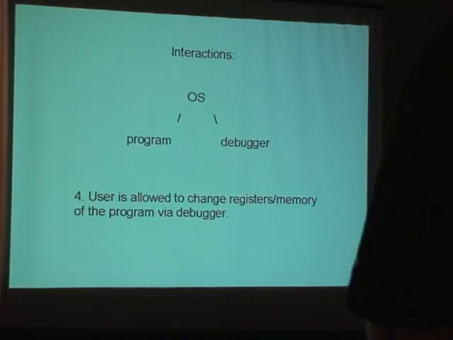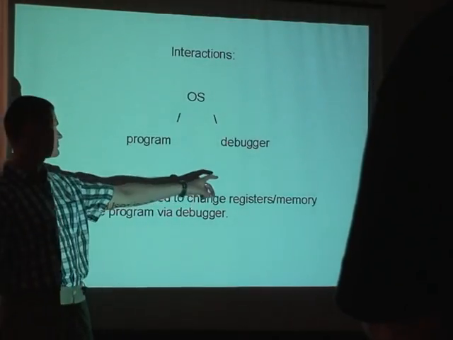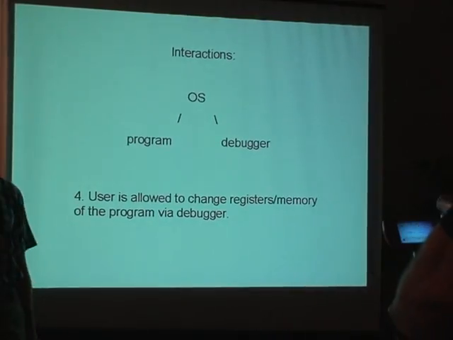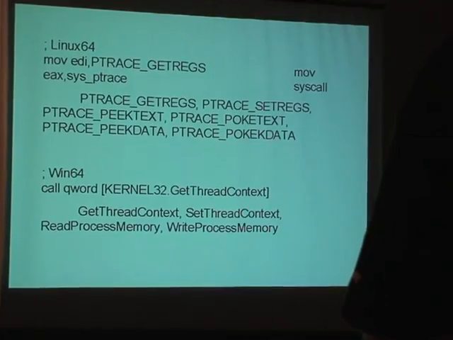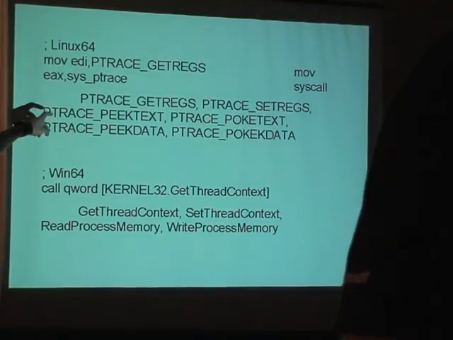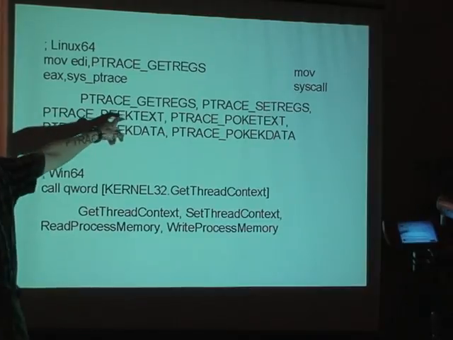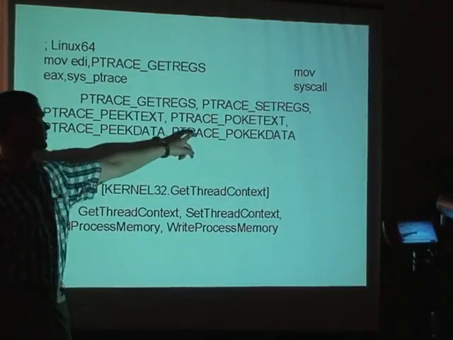As a fourth step, the user is allowed to change registers or memory of the program via the debugger. Here are the samples. The Linux system call sys_ptrace with get registers, set registers, peek text, or poke text.